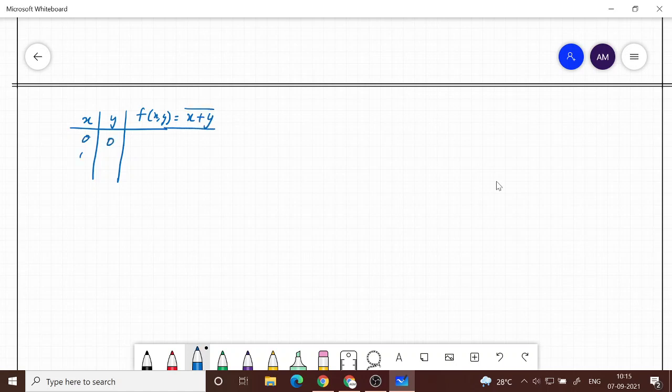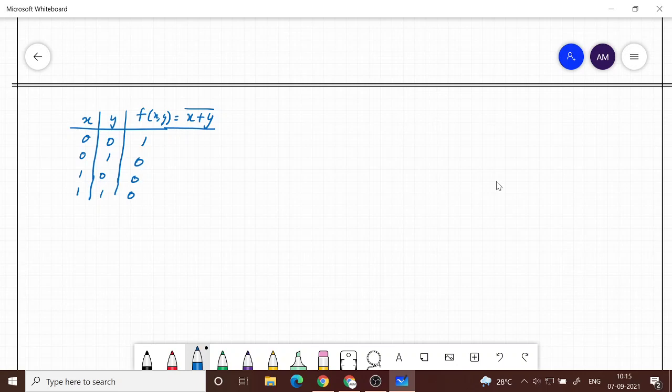So 0 0, 0 1, 1 0, 1 1. Now if I do this operation, x plus y is 0 1 1 1 and the whole bar is 1 0 0 0.